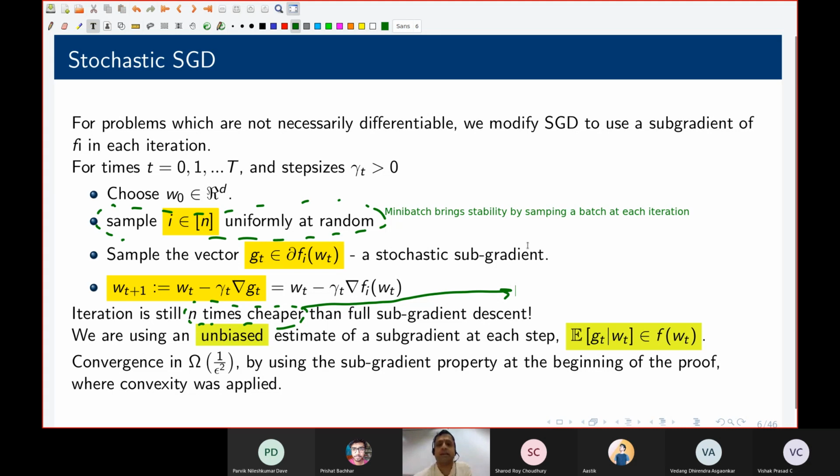Let's say sampling a batch of fixed size B. Then how would things change?